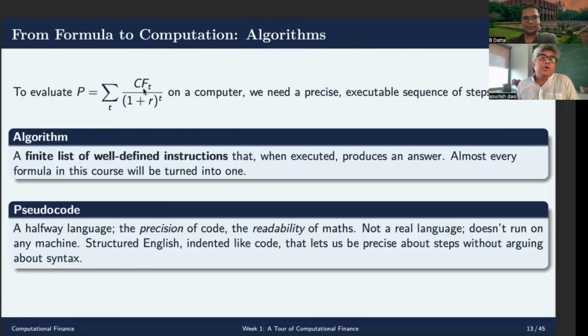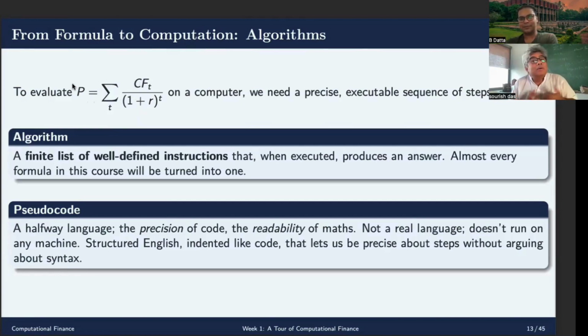So what we can do is figure out some kind of algorithms. We write algorithms and ask the computer to do this calculation for us. We will just provide the cash flow and the discount rate, and the computer will calculate the present value of all the cash flows and give it to us.